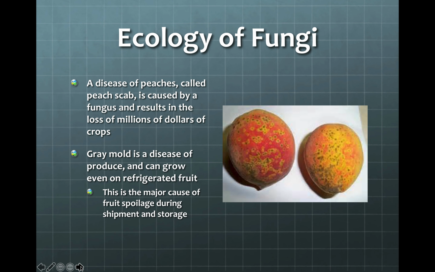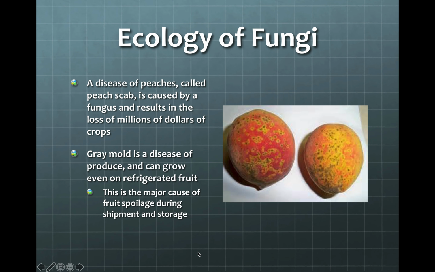All right, a disease of peaches called peach scab is caused by a fungus that attacks the peach crop. And in Georgia, every single year, it wipes out millions of dollars of crops. So it is devastating to peaches. Gray mold is a disease of produce that can even grow on refrigerated fruit and causes fruit to spoil.